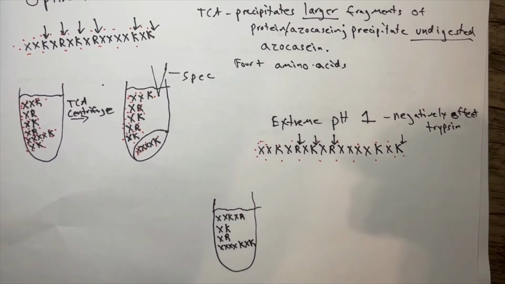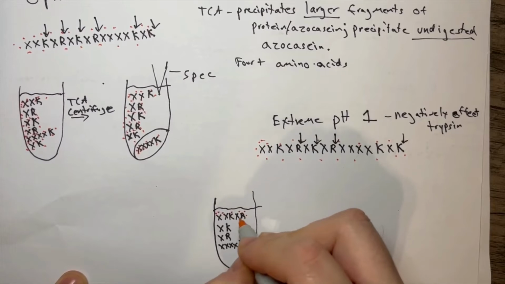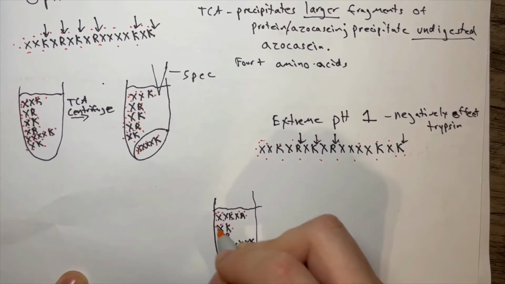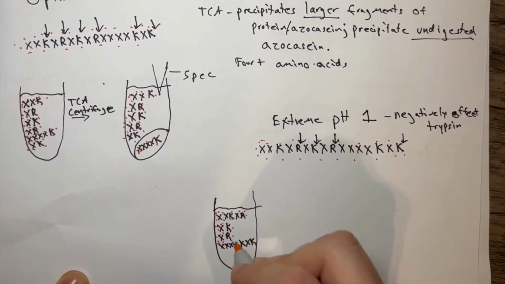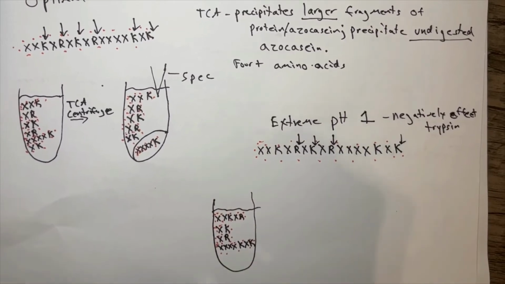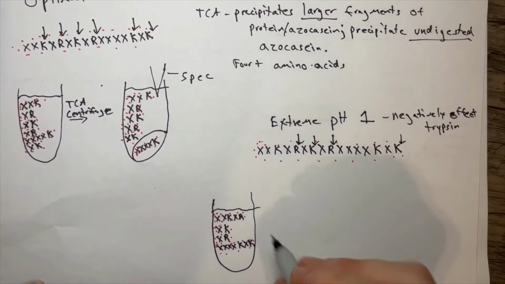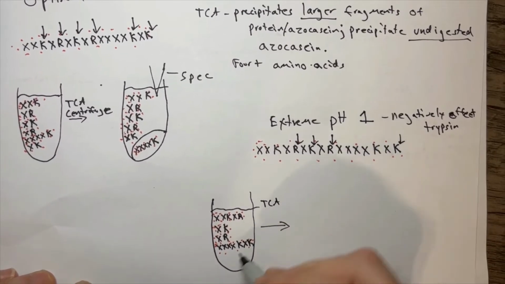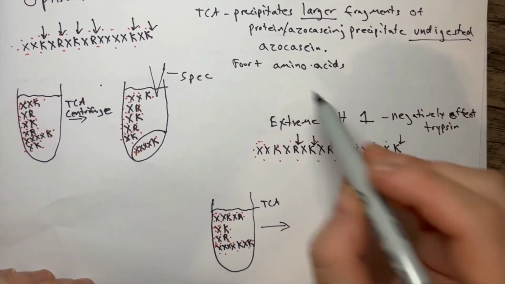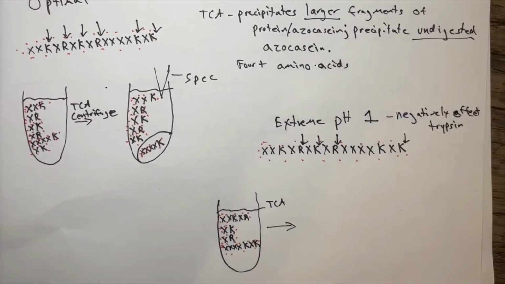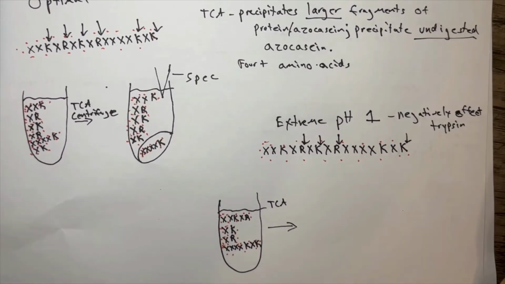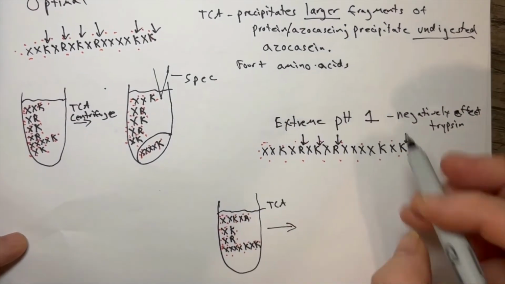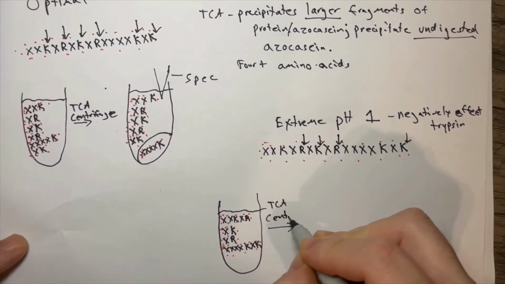Remember, all these still have their sulfonylamide groups. We had our TCA and centrifuged it. So TCA will precipitate all the large fragments. In this example, I'm just assuming that it can precipitate fragments, again, of 4 or more amino acids.